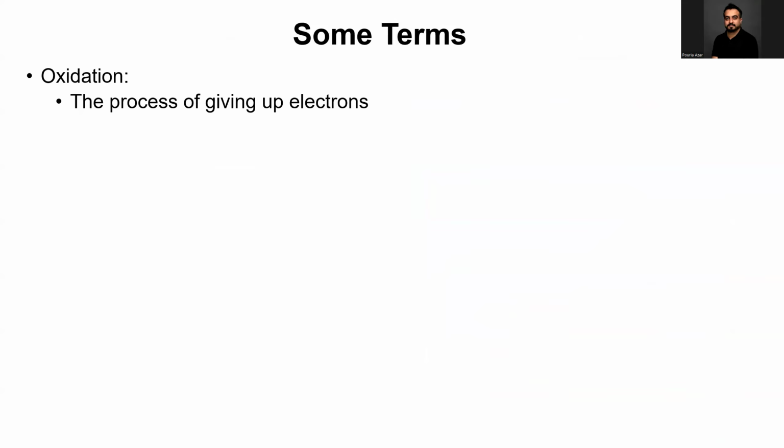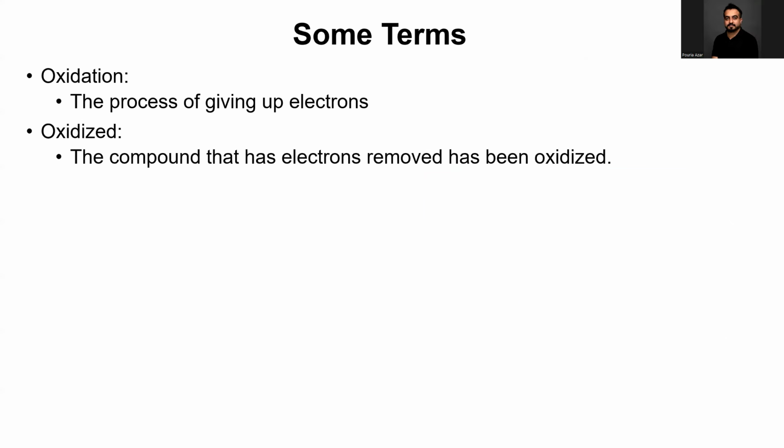So let's define some terms. When we say oxidation, it's the process of giving up electrons. That's called oxidation. And remember, the primary function of the Krebs cycle was oxidize or oxidation. And when we say oxidized, it's the compound that has electrons removed or has been oxidized. So when we say oxidation, it's the name of the process of giving up electrons.